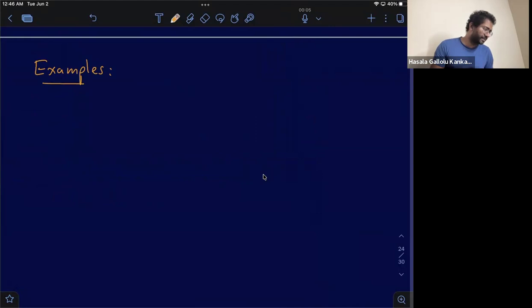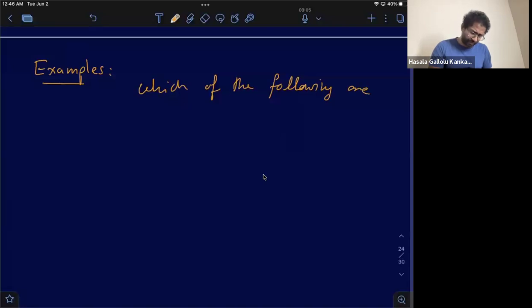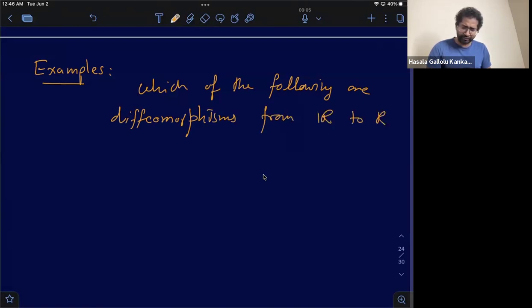Let's say examples. Which of the following are diffeomorphisms from R to R? Now, don't forget, where to where is going to be important. R to R, or R onto itself.